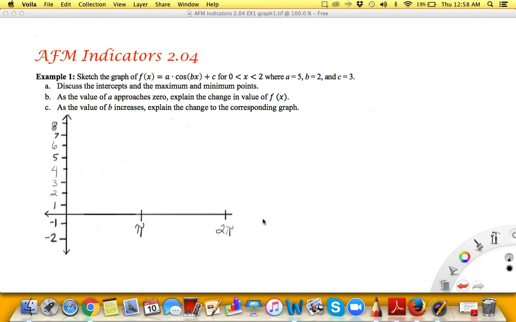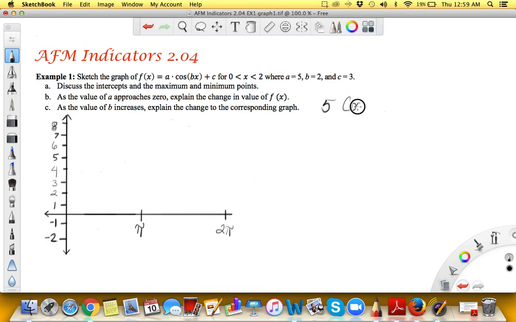So let's write the function again first of all. So we're going to have f of x equals 5 cosine of 2x plus 3. If we talk about the amplitude of this function, the amplitude is 5, which is a.